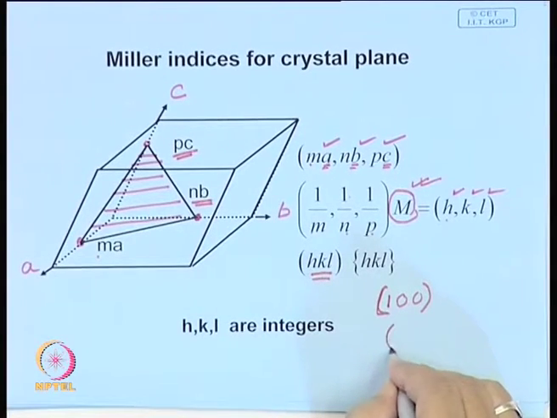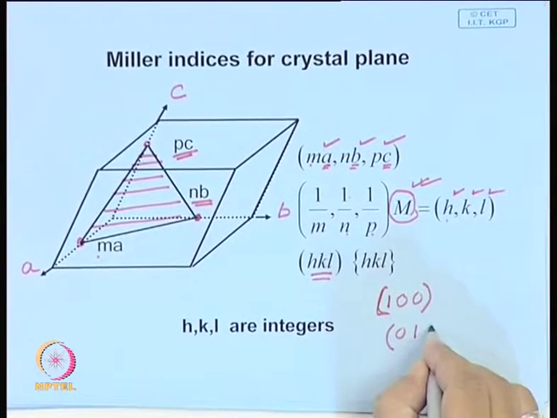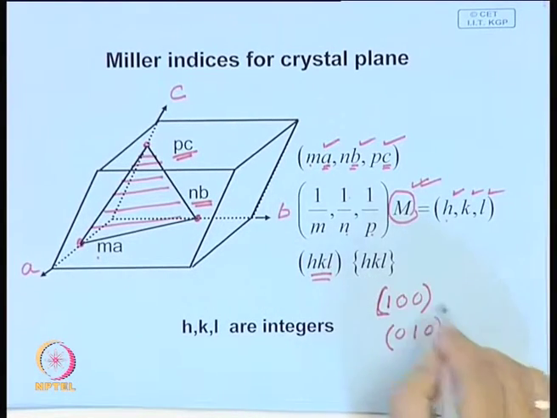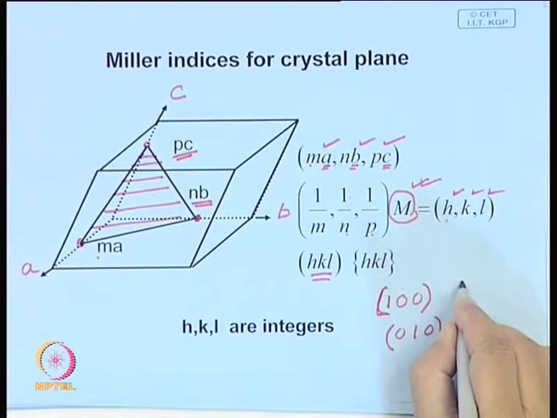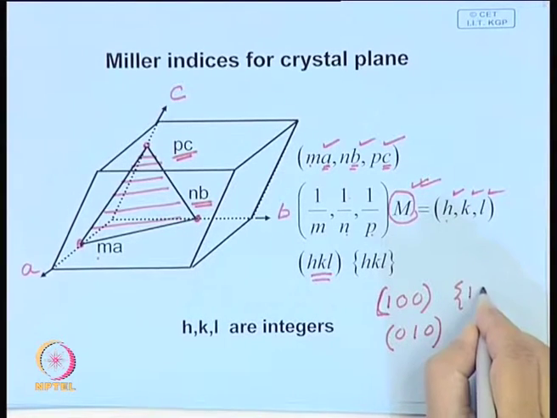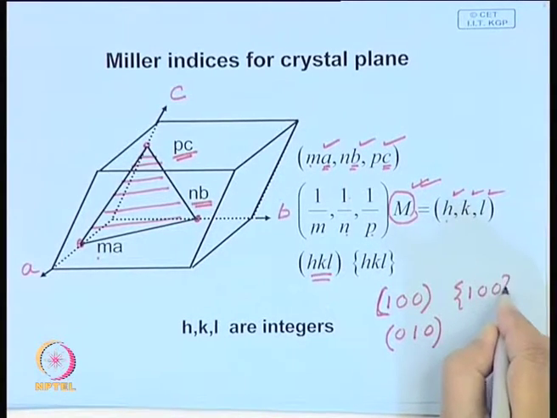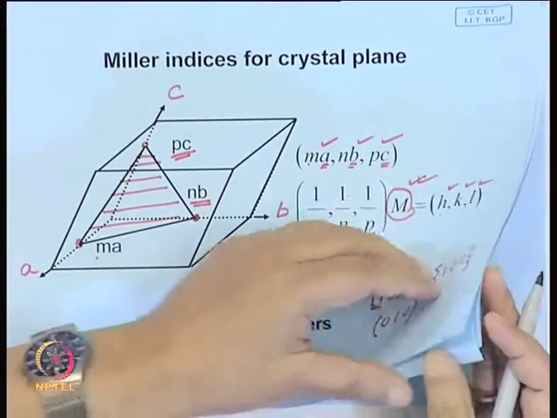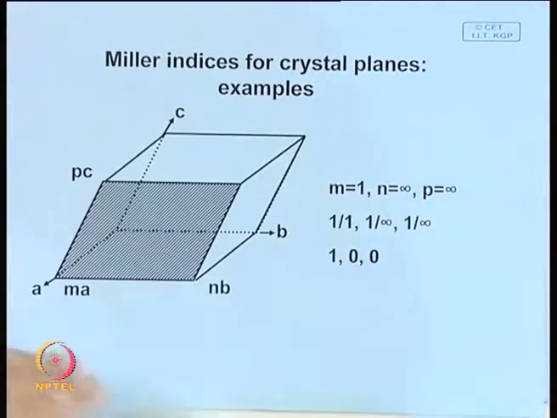You can also have another cube plane, 0, 1, 0. So, they are all similar. So, we say that the cube planes will be represented by {1 0 0}, and this will be clear possibly in the next one.